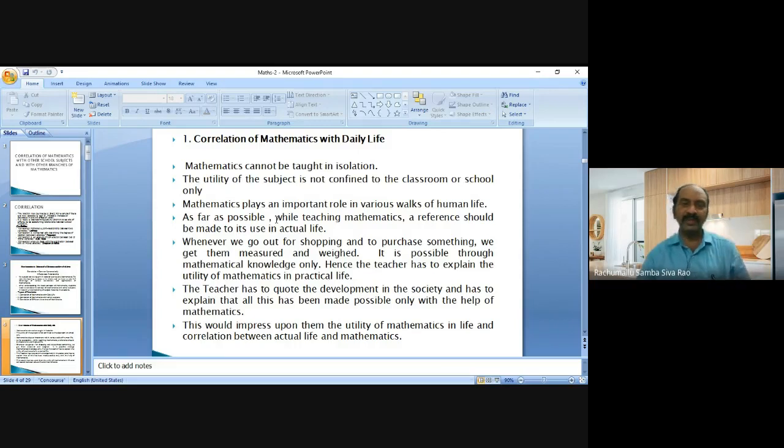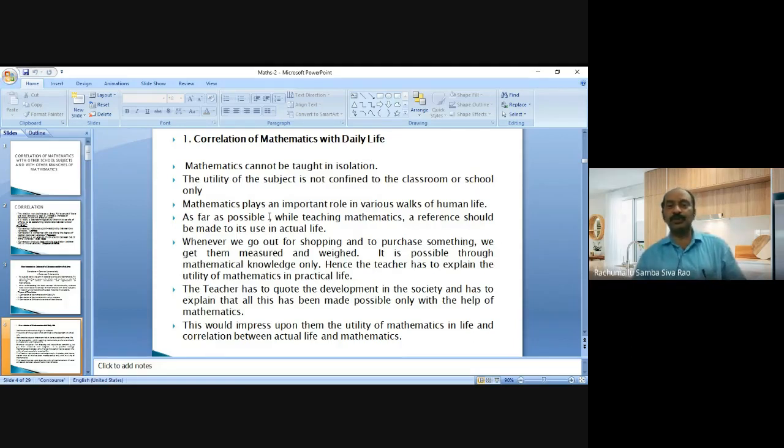Definitely, he has to apply fundamental concepts of mathematics, at least minimum fundamental calculations. Otherwise, he cannot survive. He cannot lead his life successfully.